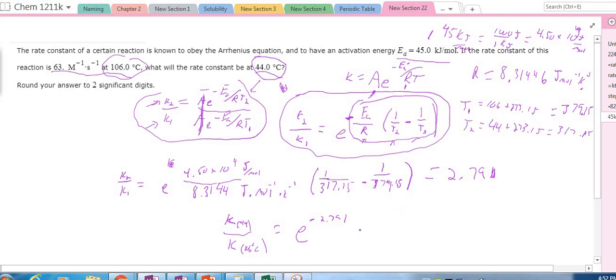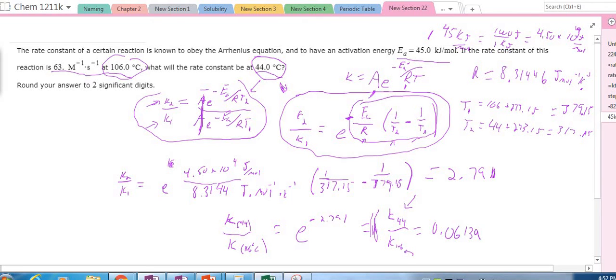Okay, and so now I have K at 44 degrees divided by K at 106. If I do that math right there, that's going to equal 0.06139. So I have this ratio. I've solved that ratio on the right hand side. So I don't know what K of 44 is. That's what I'm being asked to calculate.